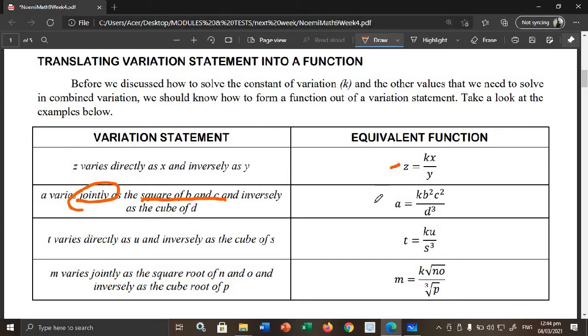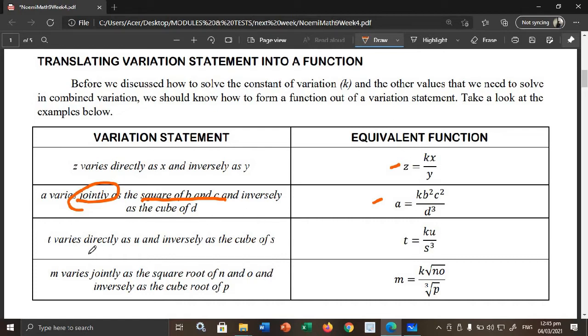If we write that into a function, it becomes a is equal to k, b squared, c squared, over d cubed. Again, k is always there, that is the constant of variation. The statement says square of b and c, and d cubed is inversely proportional to a, that's why it is in the denominator.